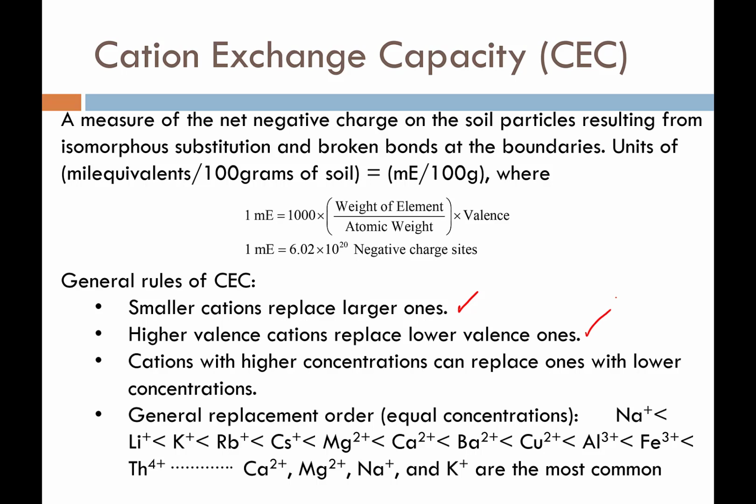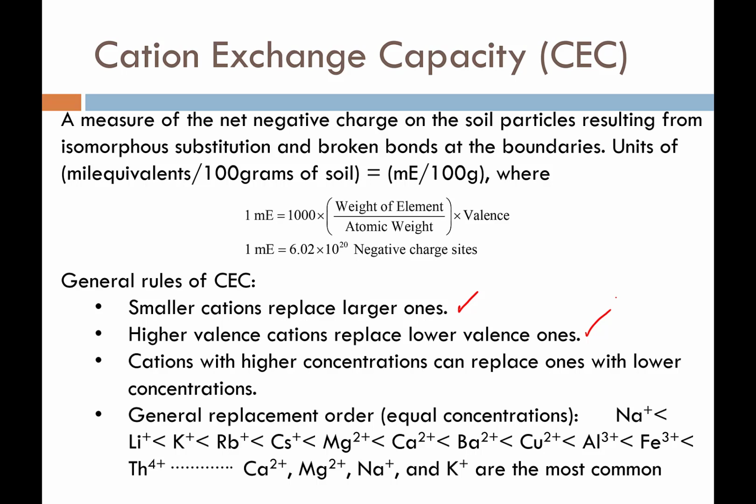Cations that are clunky because they have tons of shells of electrons are always going to get replaced by more efficient ions, okay? They're higher valence. If you're confused by what valence is, look it up on the internet or go back to your chemistry textbooks and you can get a refresher on that.